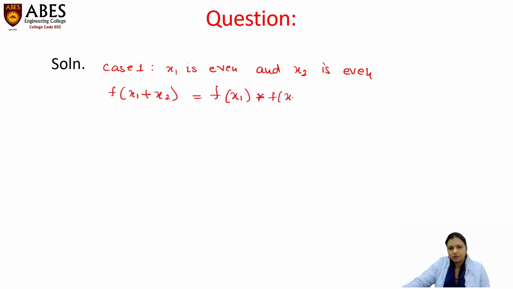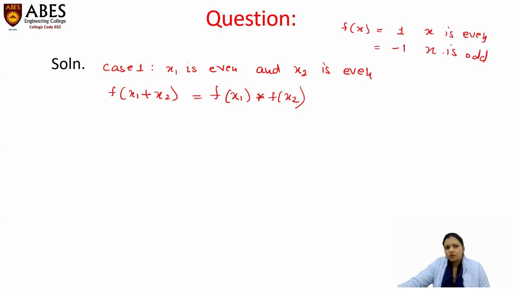The function given, I am writing the function here, is f(x) equal to 1 if the value of x is even and f(x) equal to -1 if x is odd. Here we know that x1 and x2 both are even, then the summation of x1 and x2 will also be even.